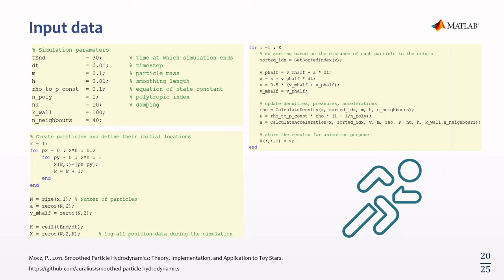In the next part, we create particles and define their initial locations, define the number of particles, and then log all position data during the simulation. Then we do sorting based on the distance of each particle to the origin, and update densities, pressures, and accelerations using the SPH equations, and at the end we store the results for animation purposes.